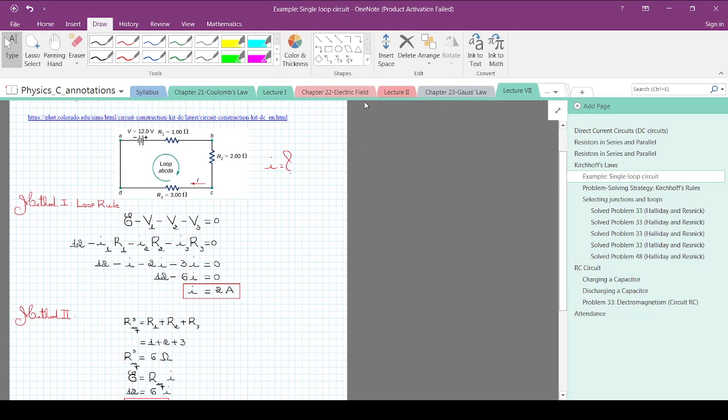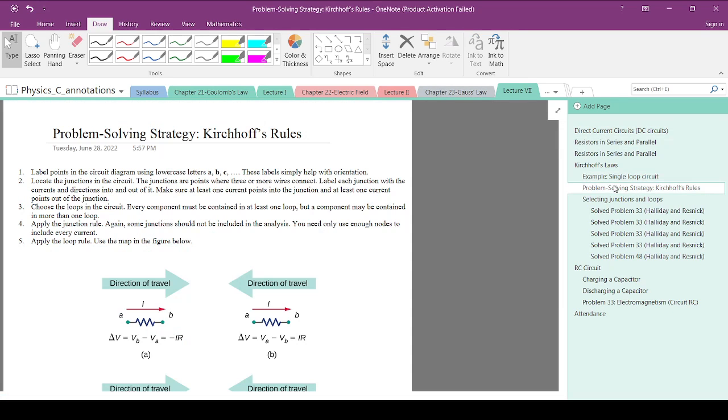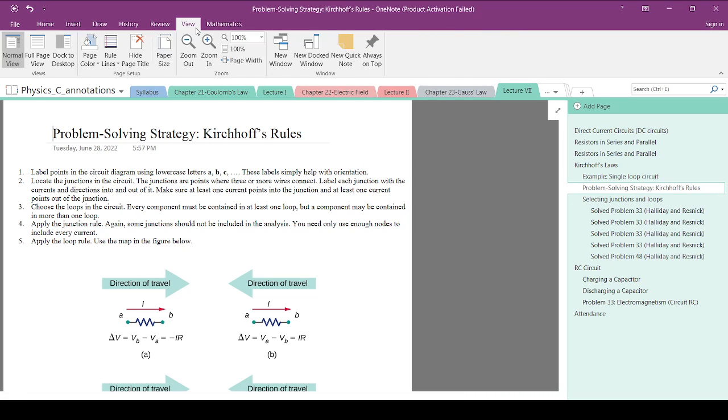Okay, guys, I would like to make some very important comments on how to do this. We need some kind of conventions, right? We need some kind of strategy to apply Kirchhoff's laws to any kind of problem, and this is very important. You have to be consistent if you want to solve a problem, especially when you have a very complicated circuit.